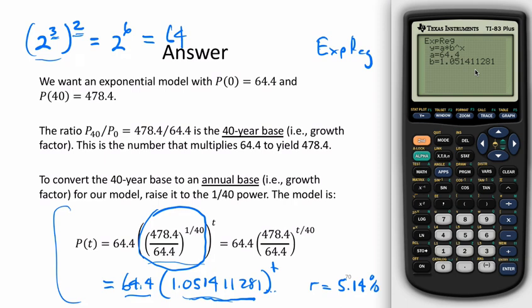The nice thing about this method right here, the exponential regression method, finding an exact exponential fit for those 2 points, is you can get it stored to the full precision of the calculator in y1, you're ready to calculate. And you're also ready to calculate the growth rate if you need it. You can always get that base right there.